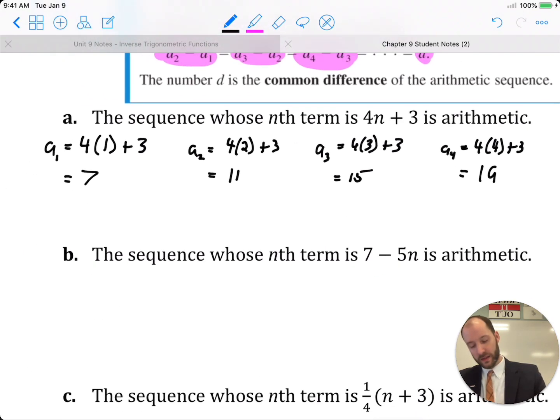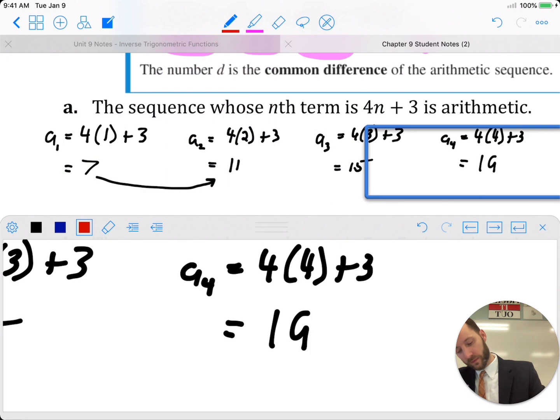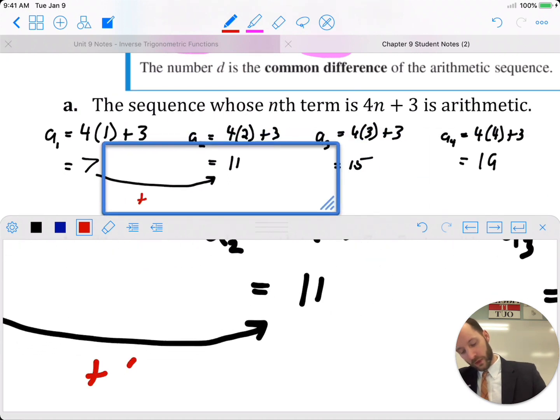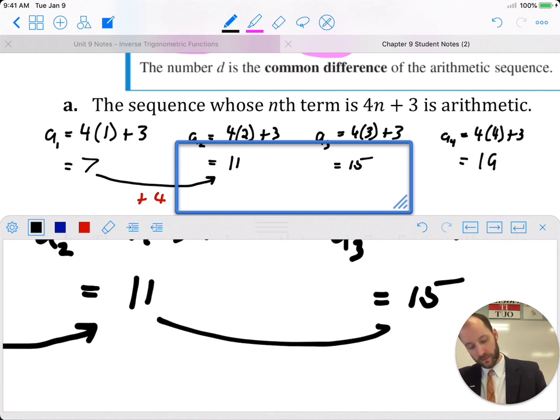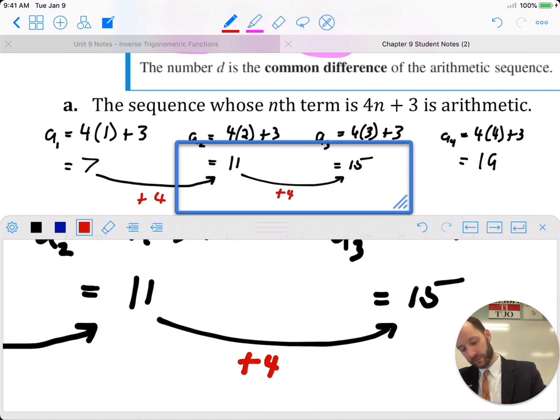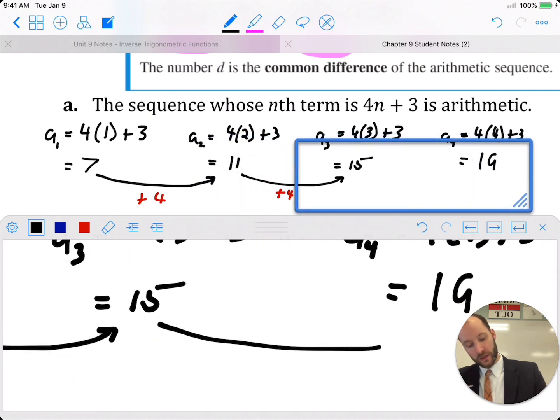And you see, from the first to the second, the 7 to 11, we are adding 4. From the 11 to the 15, again adding 4. From 15 to 19, yep, you guessed it, adding 4.